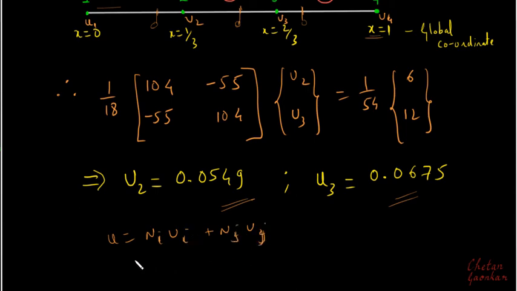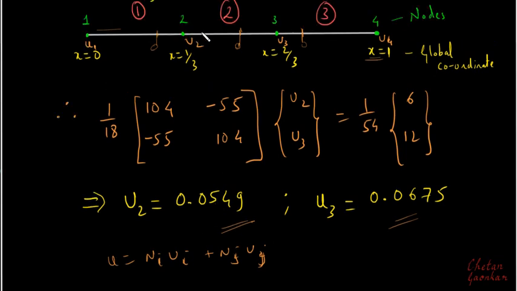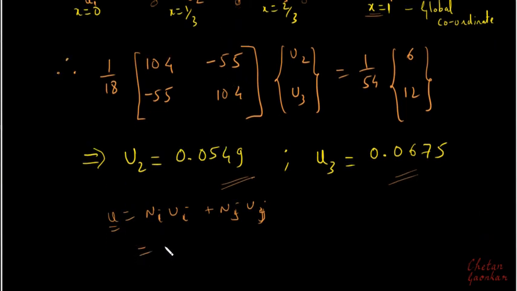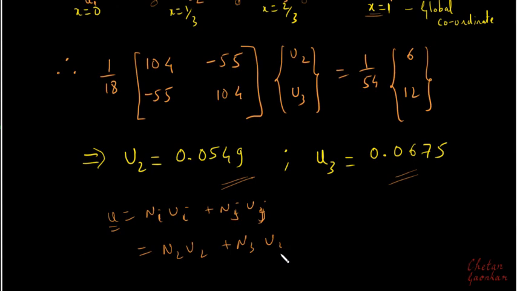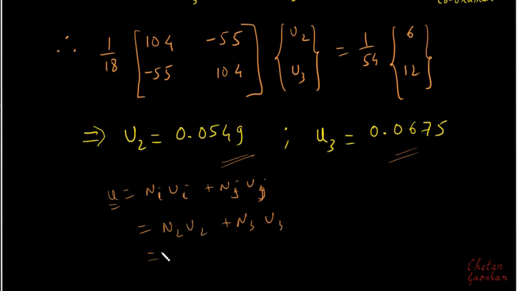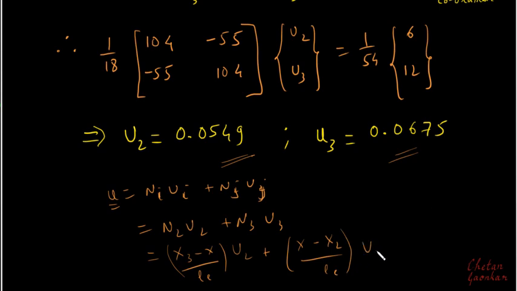Here, if I want to find the value of u somewhere in between, I can write this as N2 u2 plus N3 u3. Then N2 is (x3 minus x) by le times u2, plus N3 is (x minus x2) divided by le times u3.